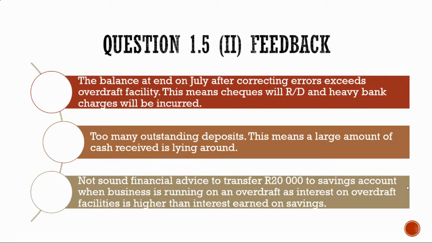If you look at question 1.5, you'll see in June the cash book receipts amount was 152,000, the cash book payments was 175,000. So when you balance that, the balance that you carry over will be on the credit side. So initially the balance brought down will be on the debit side, and then when you carry it over, it will be on the credit side.